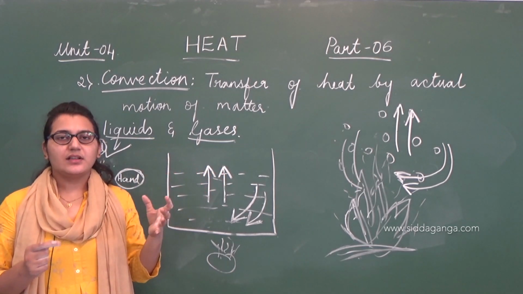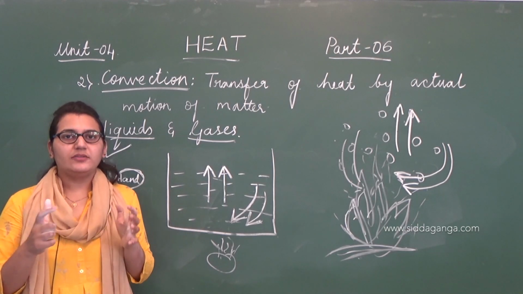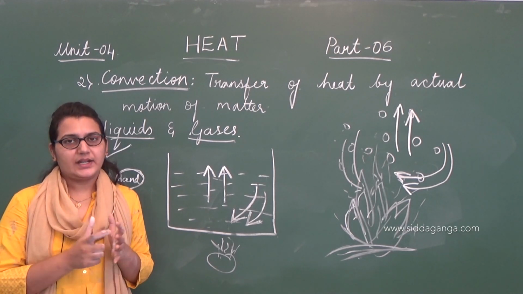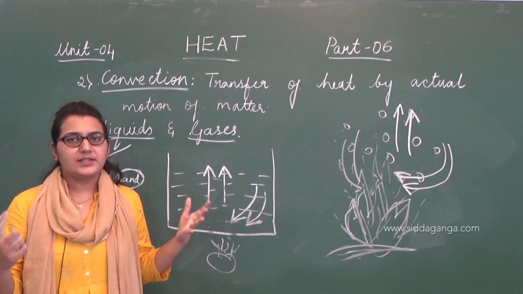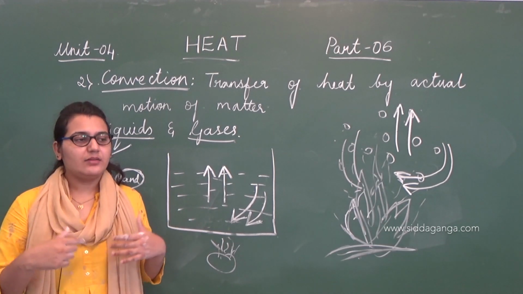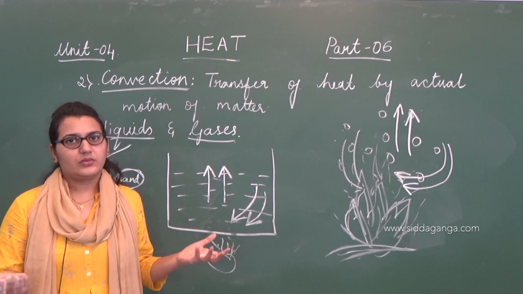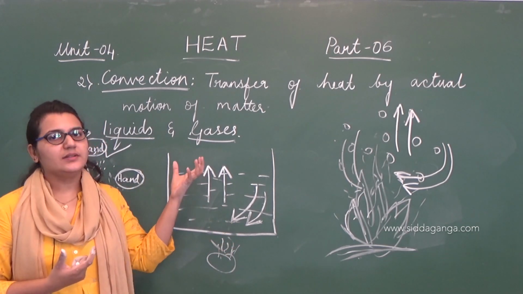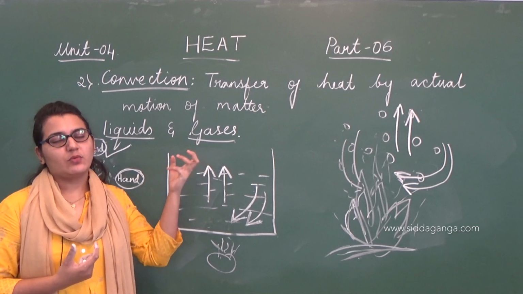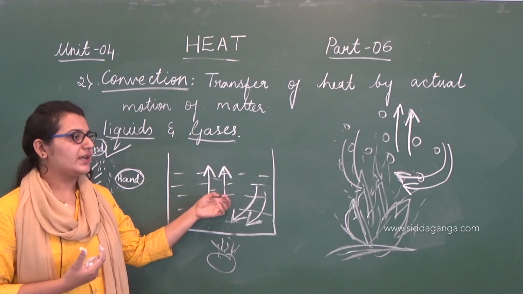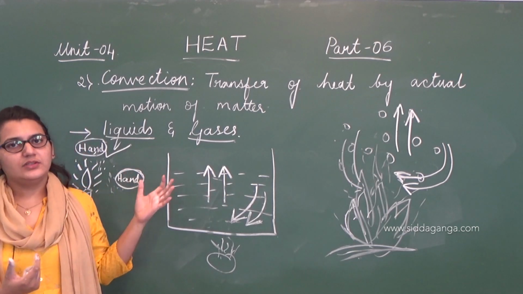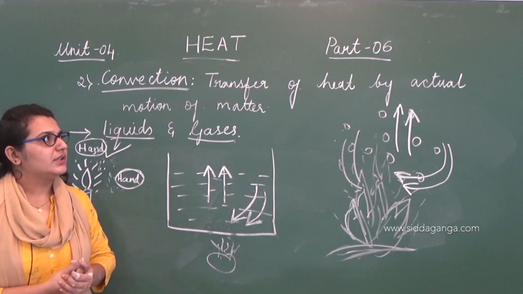The reason is, in solids, molecules are very compactly arranged, very tight, whereas in liquids and gases, molecules have spaces in which they can move freely. That is what happens in convection. There is a movement of these molecules due to which convection happens, in both liquids and gases. So this is what convection is.